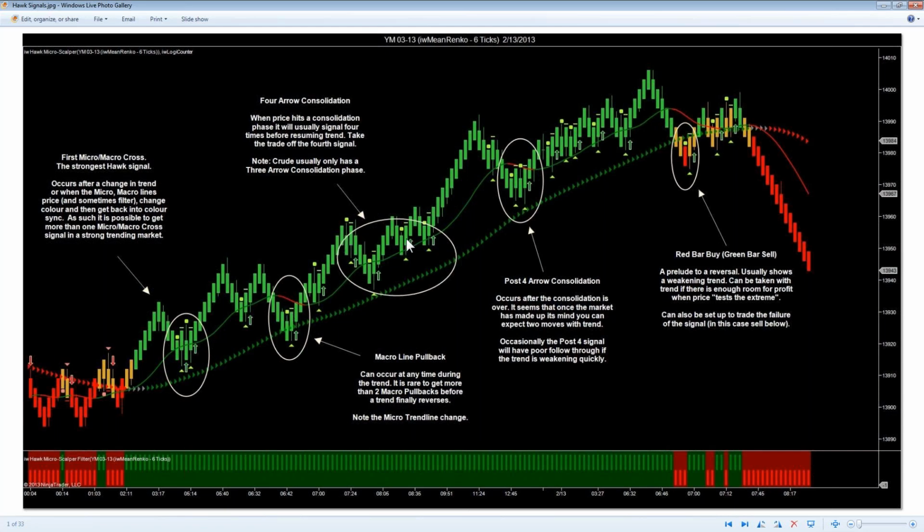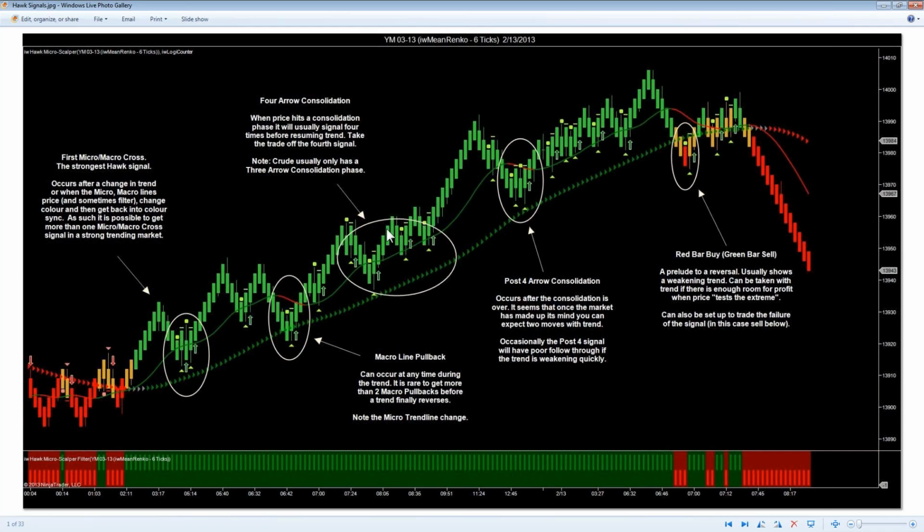Then you have another variation of a pullback signal, which is your 4-arrow consolidation. A lot of times this will have more of a traditional bull flag or bear flag to it, but a sideways congestion works as well. And what will happen is you will tend to get 4 signals, and the market will move off of the 4th signal.